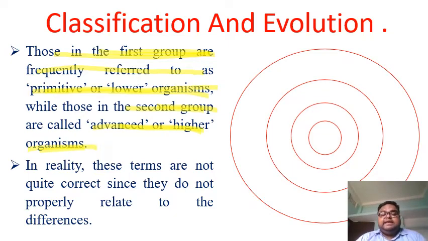In reality these terms are not correct because they do not properly describe the difference. Why? Because even the ancient animals, or what we call primitive or lower animals, can show some specialization, and even the advanced animals don't have all new characteristics. They have some old characteristics also, right?